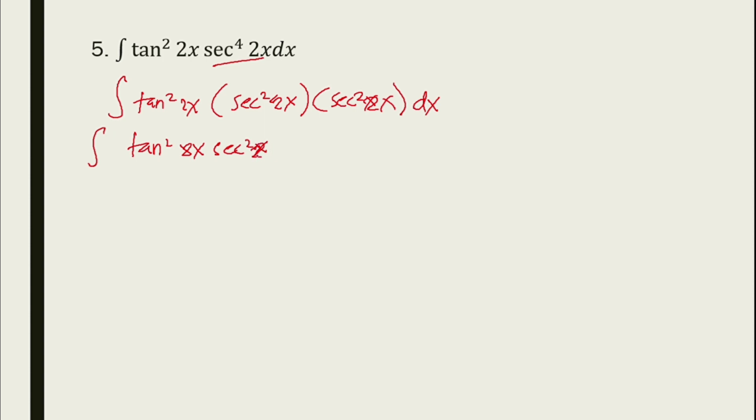Okay, secant squared 2x is equal to 1 plus tangent squared 2x dx. Next, we have 1 plus tangent squared 2x, and we have to distribute this part. So we close this part and distribute.